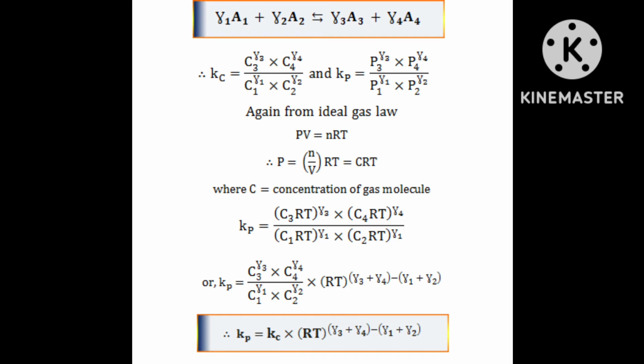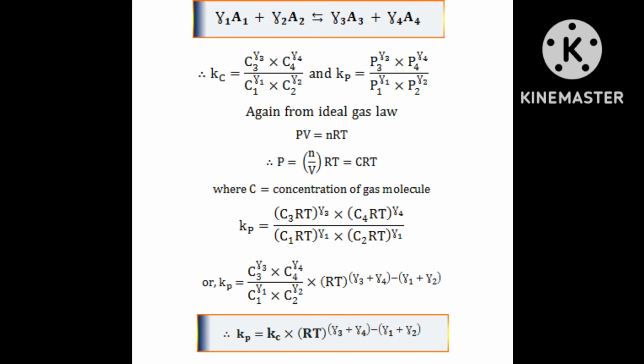In case of H2 plus I2, that is equal to 2HI, in this case Kp is equal to Kc. This is the main thing you have derived. Kp is equal to Kc you derived, but it is not 100% correct, but 80% it is correct. Because why I am telling?